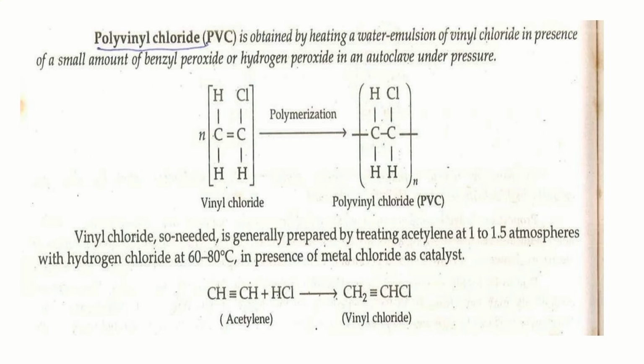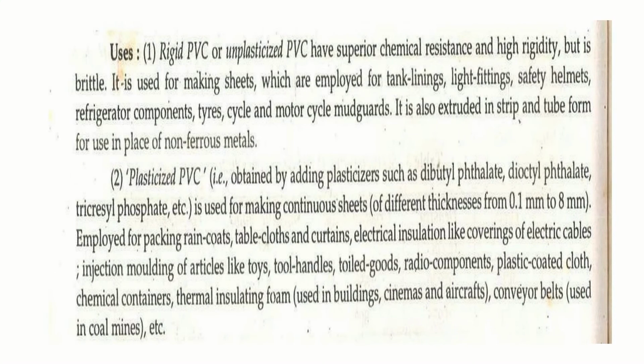Acetylene reacts with hydrochloric acid in the presence of a metal catalyst, and the temperature is maintained around 60 to 80 degrees centigrade, to form vinyl chloride. Then the vinyl chloride undergoes polymerization to form polyvinyl chloride.